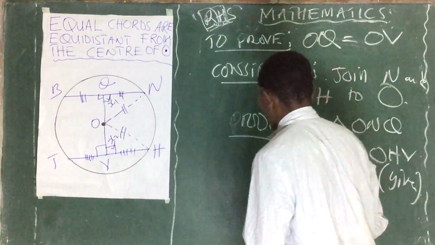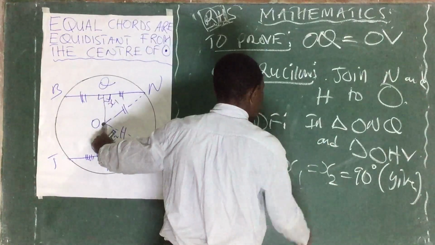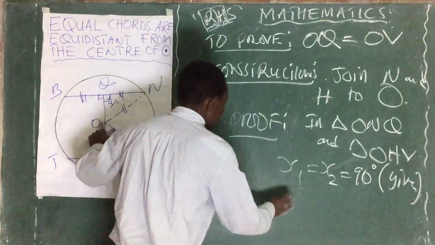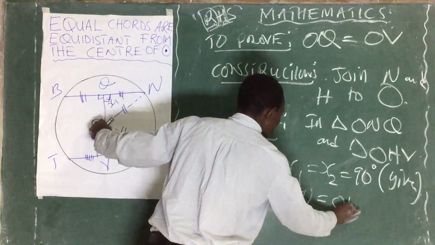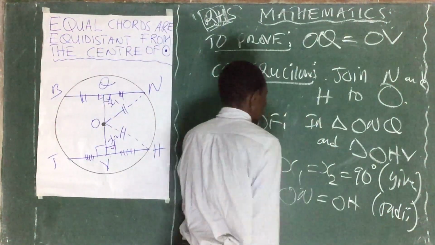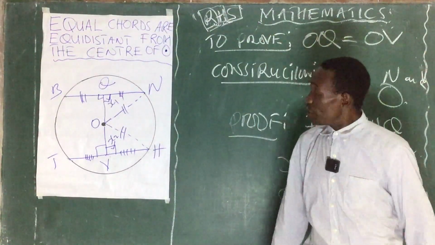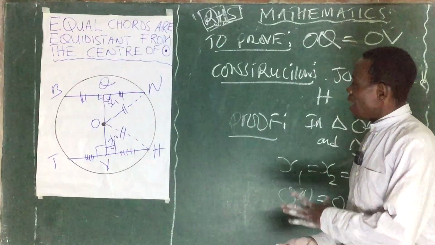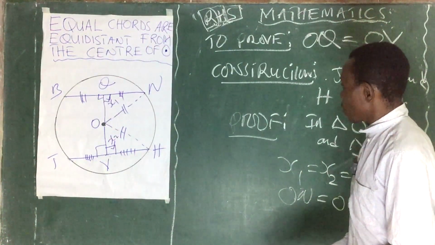Here you just write ON is equal to OH. Reason: radii. Lastly, let me see if I've got any one corresponding side equal in the two triangles. So I would see here by what I've explained here.